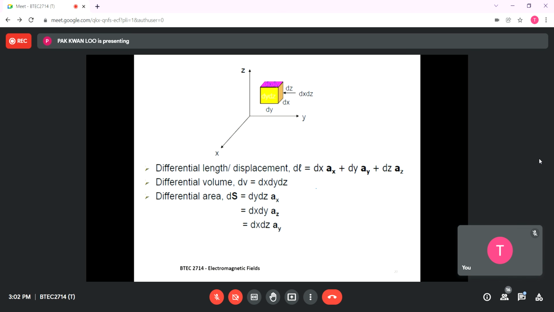So first we come to how the differential length or displacement is defined here.